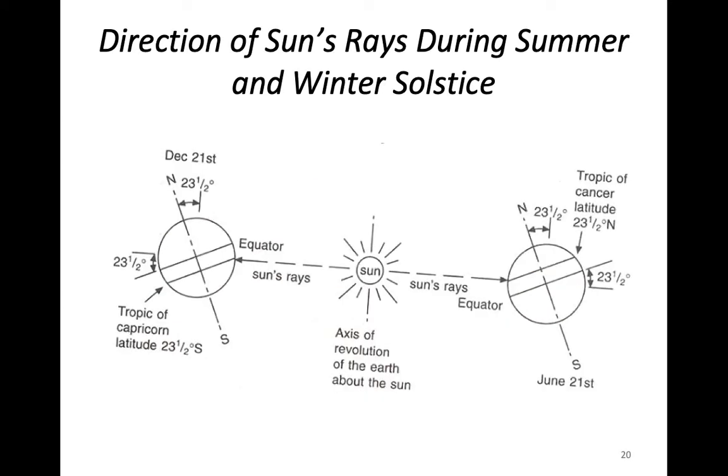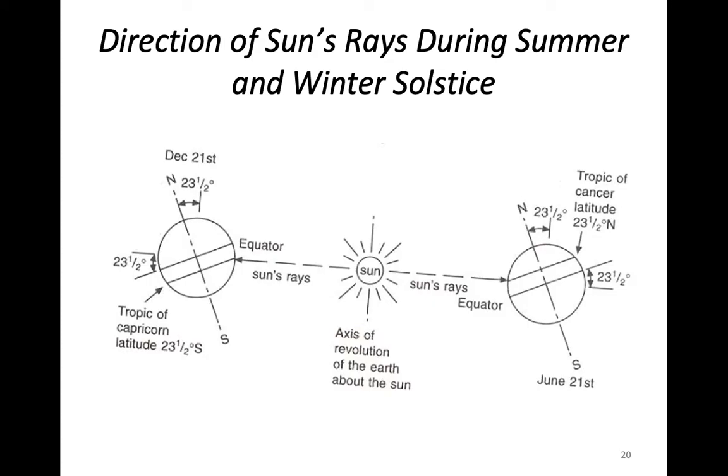Direction of sun rays during summer and winter solstice decides whether it is a winter or summer in the northern or southern hemisphere of the earth. As shown in the figure right side, on 21st June, the Tropic of Cancer is near to the sun. That means northern hemisphere is tilted towards sun and southern hemisphere is away from the sun.